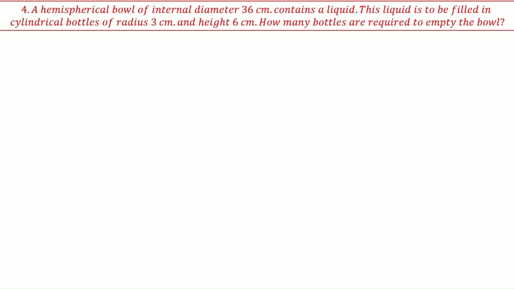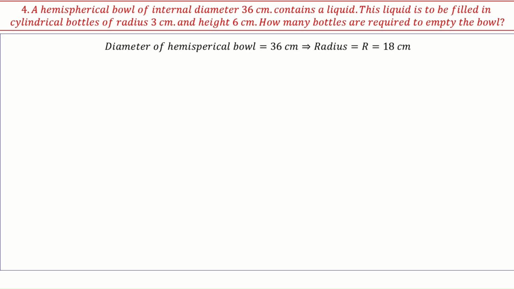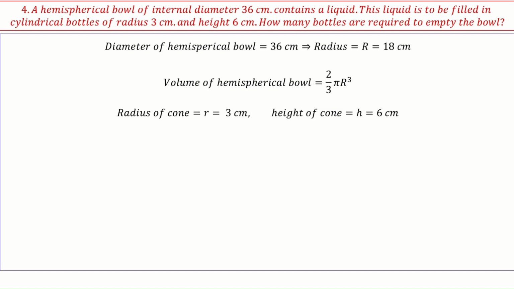Next. Hemispherical bowl of internal diameter 36 centimeters contains a liquid. This liquid is to be filled in cylindrical bottles of radius 3 and height 6. How many bottles are required to empty the bowl? Okay, yeah, we have again done this in the examples. Volume of hemispherical bowl is 2 by 3 pi r cube, given there.